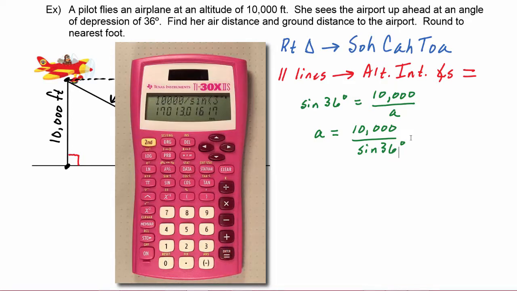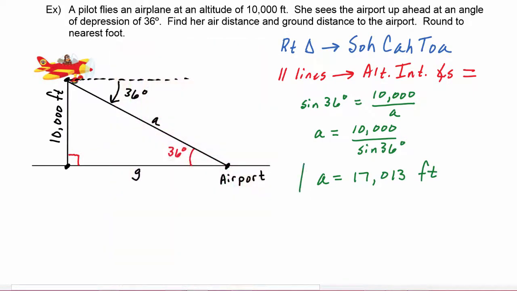Then we hit enter, and the problem asked us to round to the nearest foot, so we see we're going to get 17,013 feet. And that's the air distance from the plane to the airport.